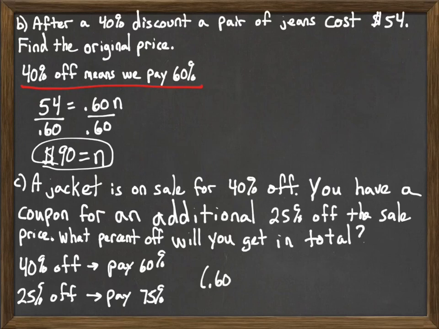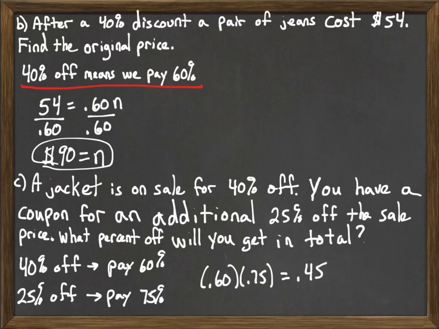And so that's what we do here. Even though we don't have a price, we can multiply those two to figure out what overall percentage we pay. What's 60% of 75%, in other words? When you multiply 0.6 times 0.75, we get 0.45.